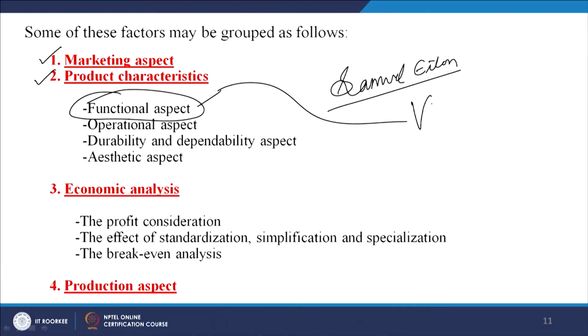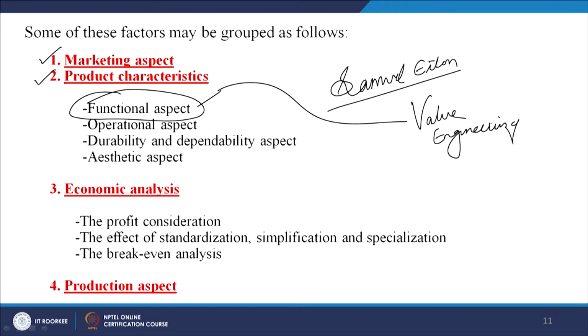We need to focus on the basic function, that is, why this product is being used by the customer, or why the customer is buying this product, and that leads us to the term that is important to us in this course, that is value engineering.